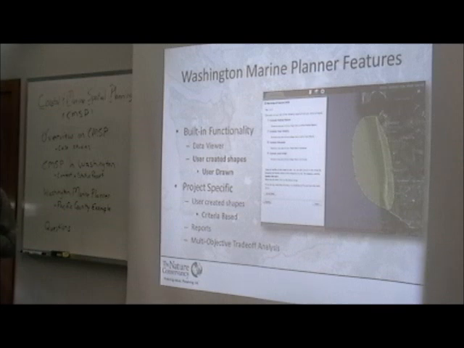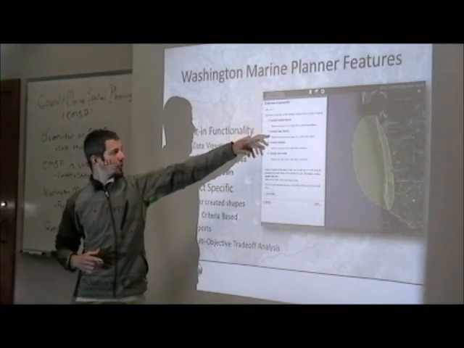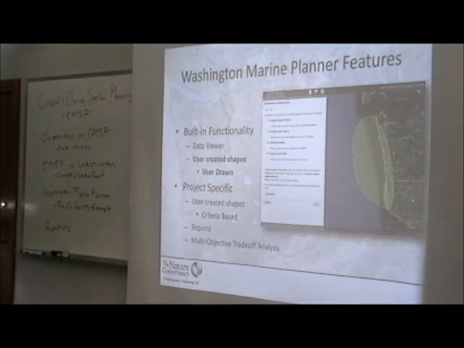And they can draw these regional size shapes. And you can exclude out federal waters or state waters or estuaries or land areas, so you can limit its extent to wherever your specific area of interest is. Next.